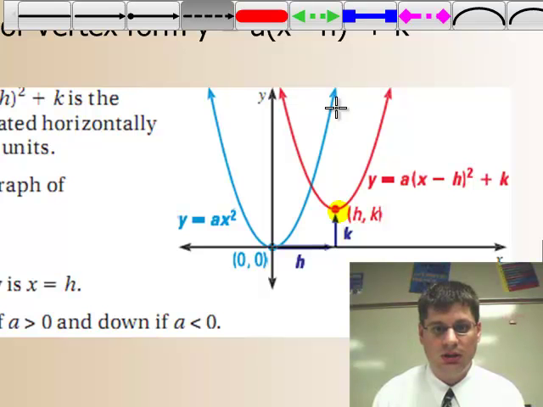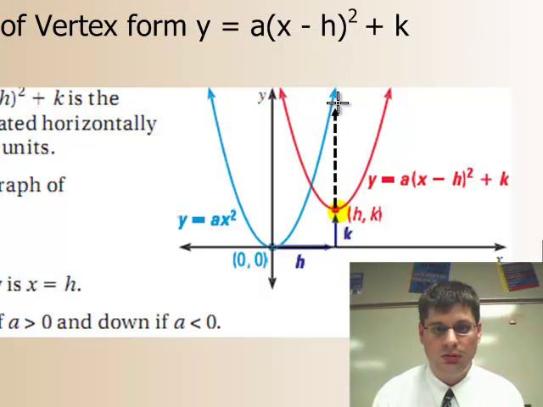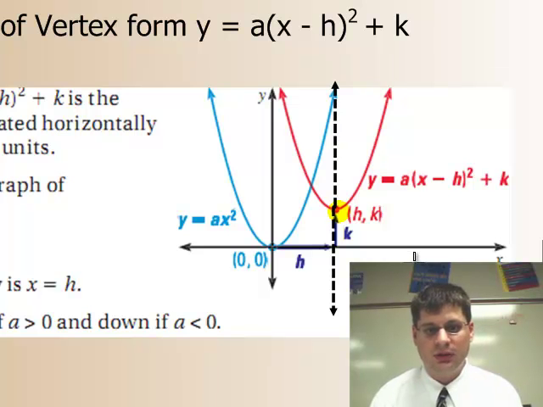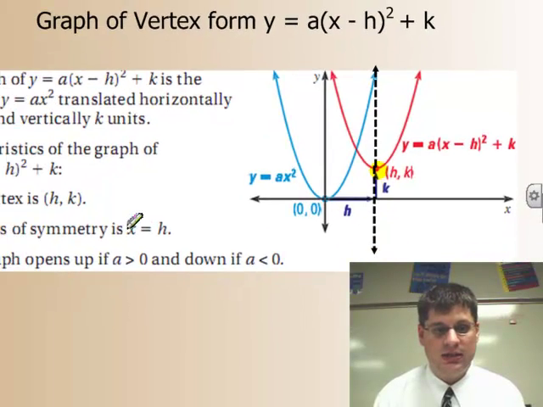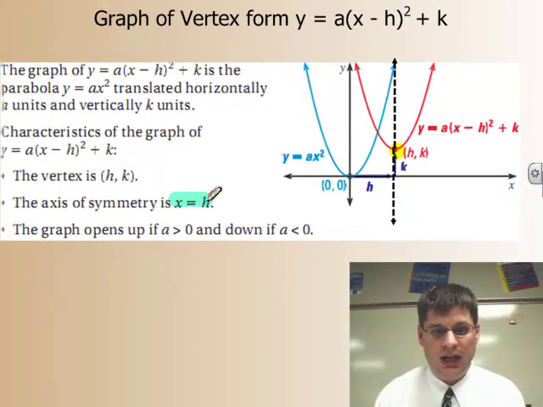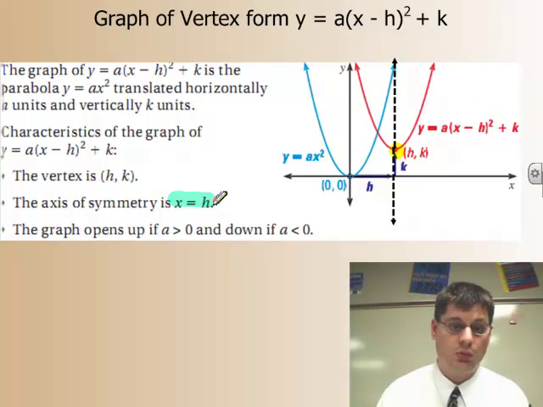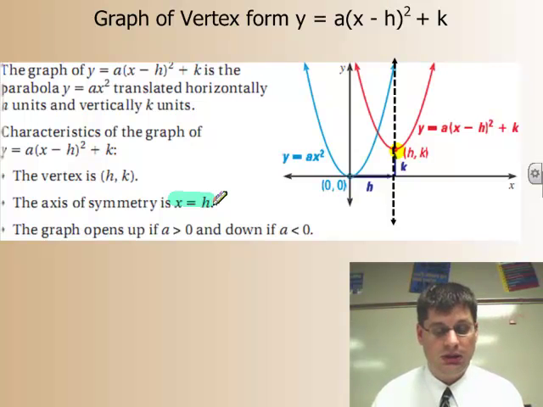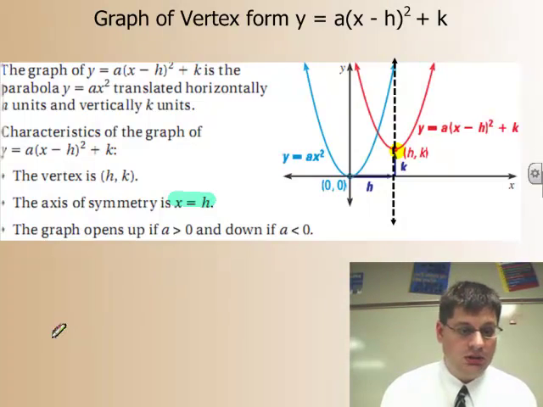It's going to be a vertical line, and any vertical line starts with x equals. In this case, it's going to be x equals h, where h is your horizontal shift. So if h is 3, then x equals 3 is the equation for your axis of symmetry.